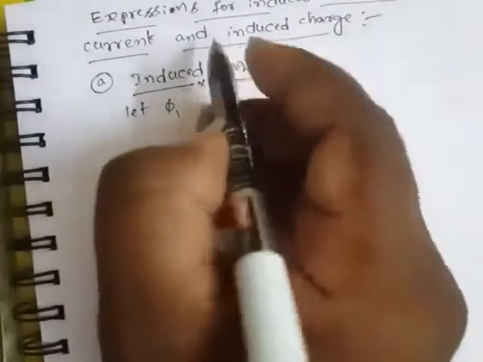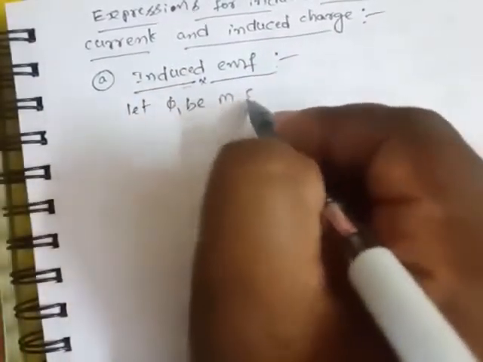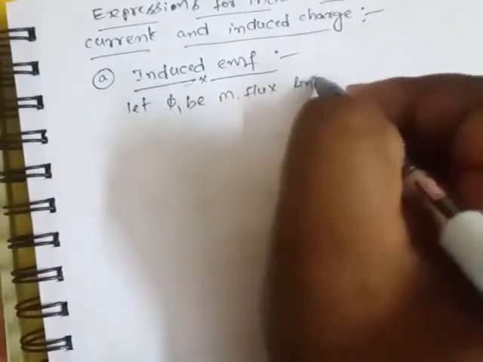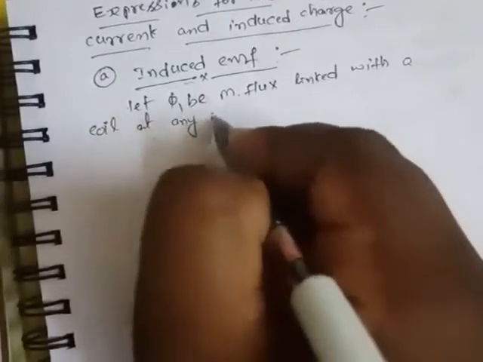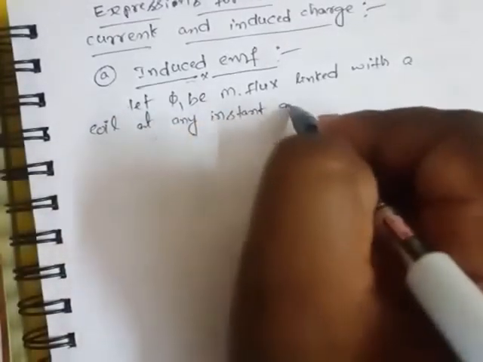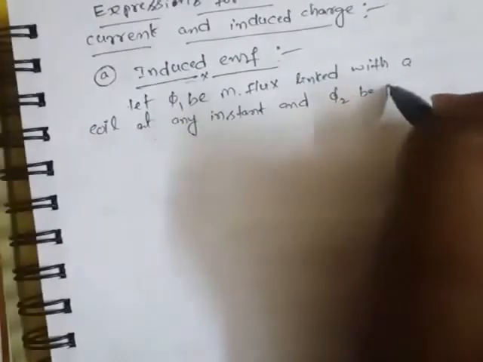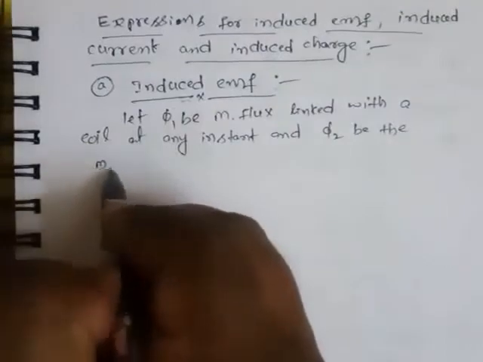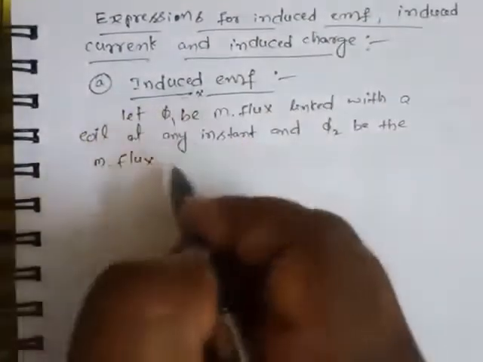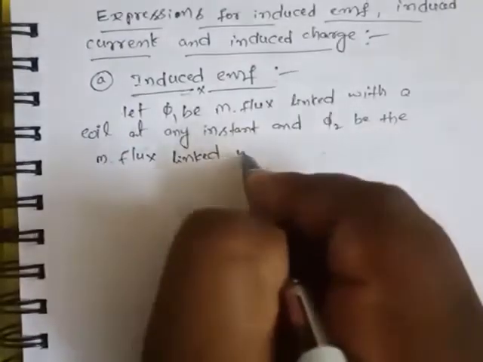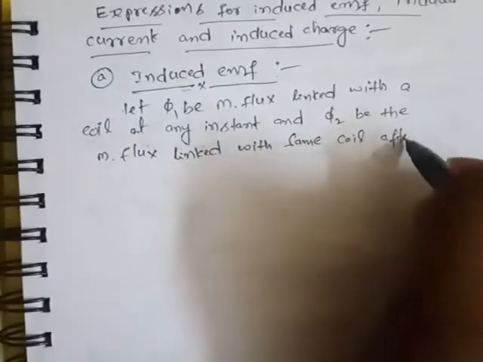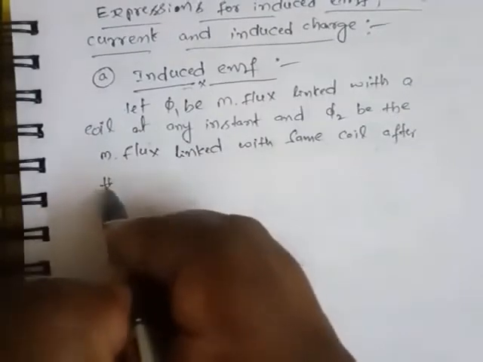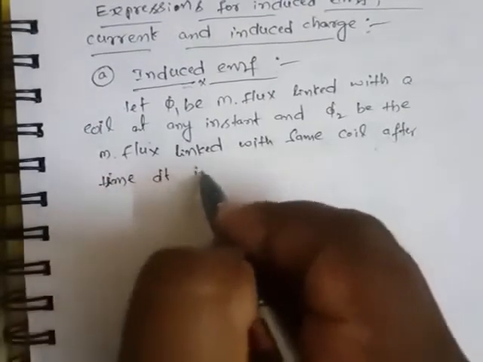Here let phi1 be the magnetic flux linked with a coil at any instant, and phi2 be the magnetic flux linked with the same coil after time dt.